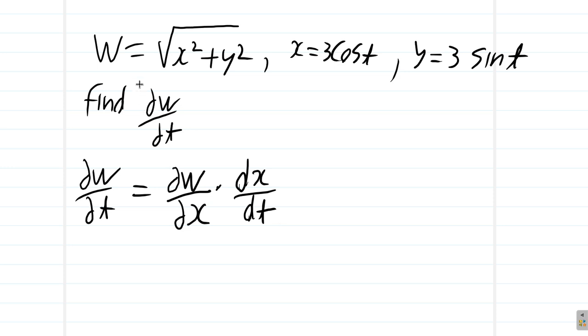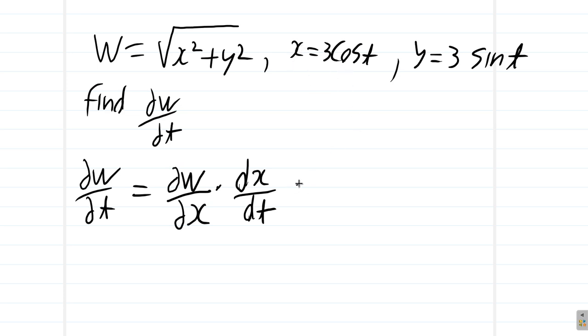In this case, it has to be partial because you have 3 variables and you're going to treat one of them as if it's a constant. You temporarily do that. So this would be partial. Alright, so this one, partial of w with respect to x times derivative of x with respect to t.